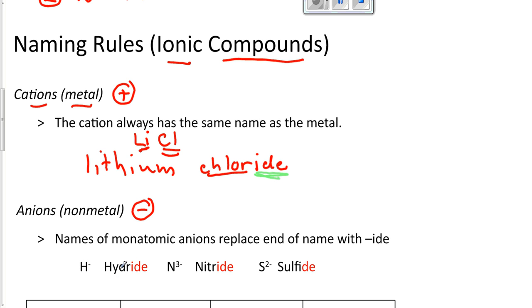So you can see here some common monatomic, just meaning one atom, negative ions. That's monatomic anions. You can see hydrogen would become hydride, nitrogen would become nitride, and sulfur would become sulfide here.